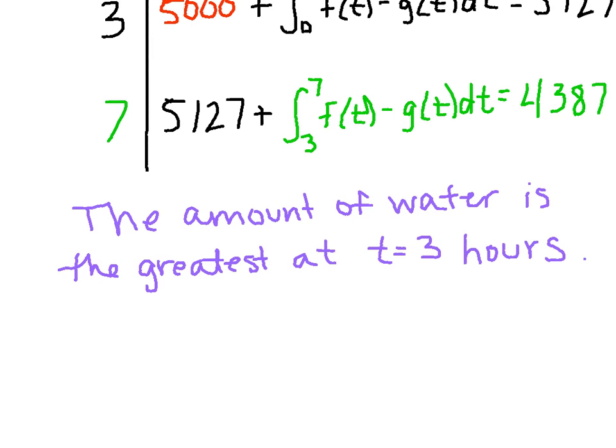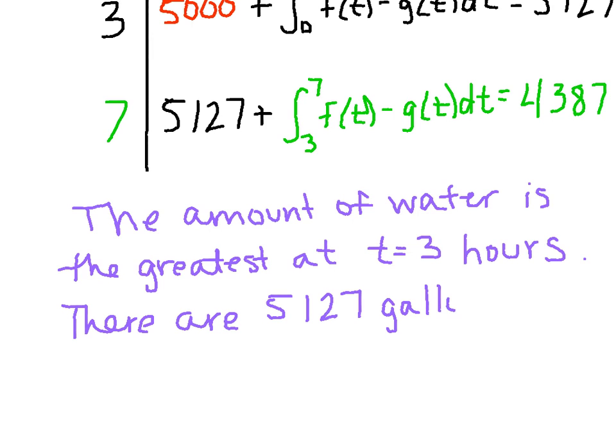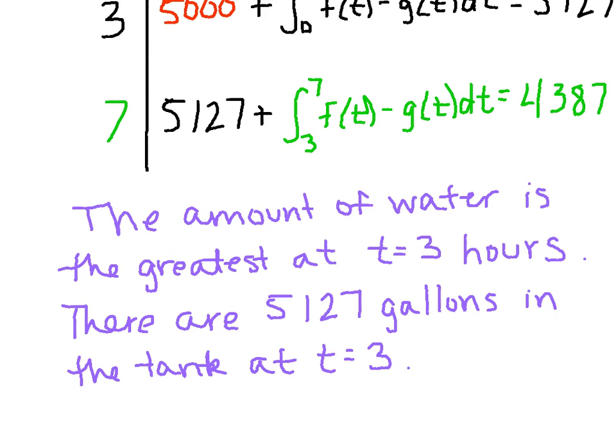It also asked in the original question to say how many gallons of water are in there at that point. There are 5,127 gallons in the tank at t equals 3. And that's your answer.